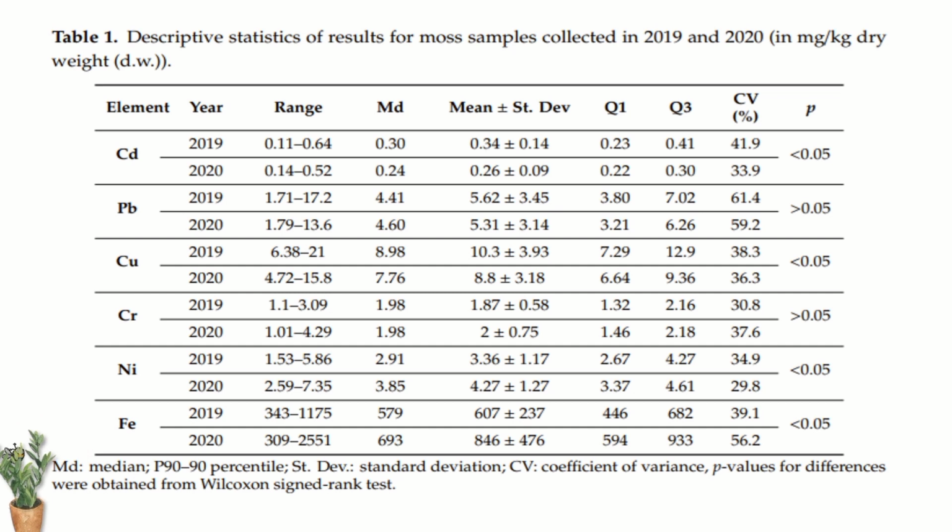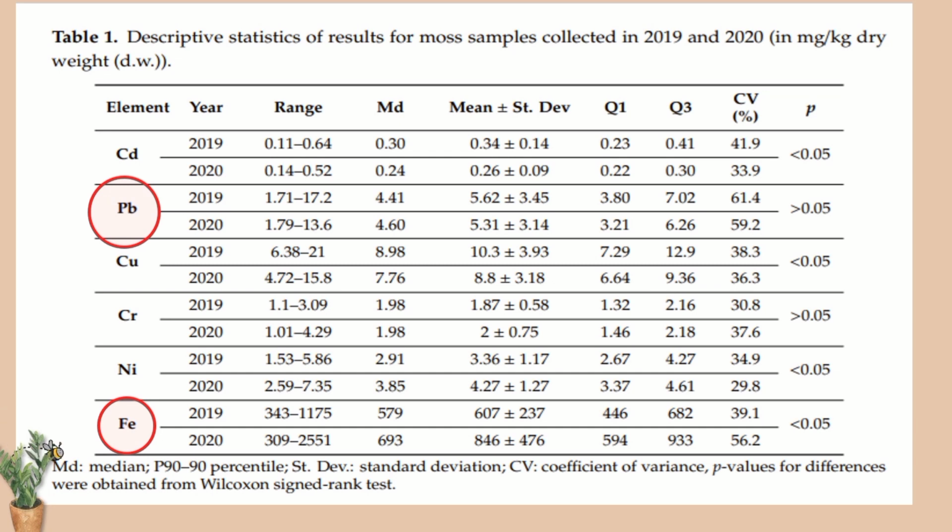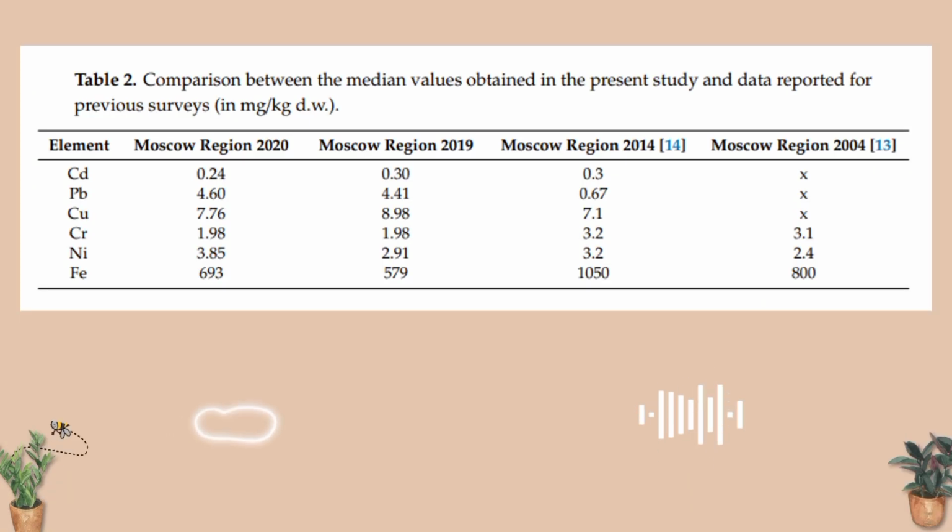The CV values for all elements in both years were less than 75%, which points to the main influence of the regional source of pollution. The higher values of the mean Pb content in 2019 to 2020 in comparison with 2014 are because most samples were collected at different sampling sites: in 2014 in the northeastern part of Moscow, whereas in 2019 to 2020 in places considered to be potentially highly polluted. The iron content was the highest in 2014.